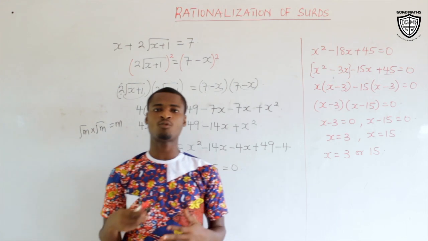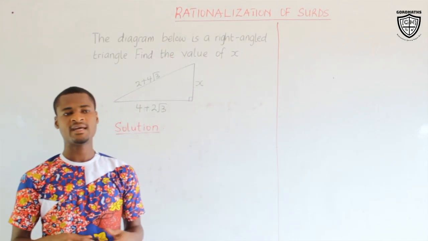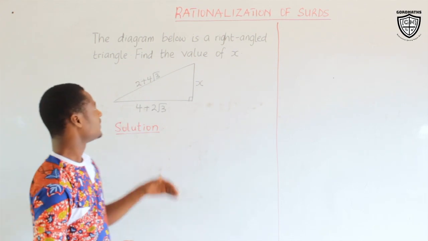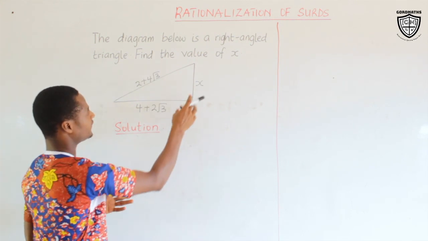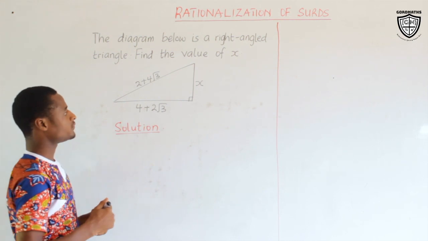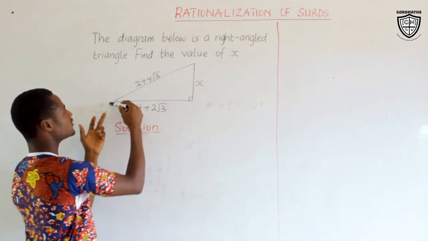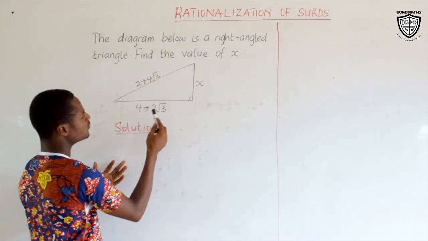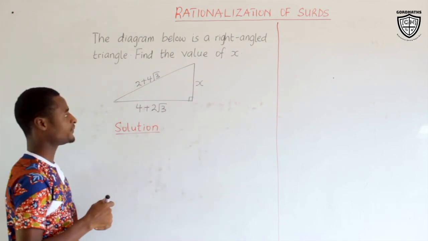We will take just one more application of sets. We will take this last example on the application of sets. The diagram below is a right angle triangle, and then we want to find the value of x. We should know from basic mathematics that in a right angle triangle, the square of the hypotenuse, which is the longest side, is equal to the square of the two other sides added together.